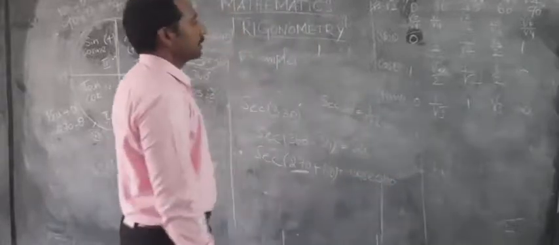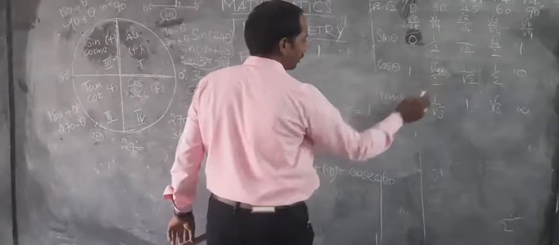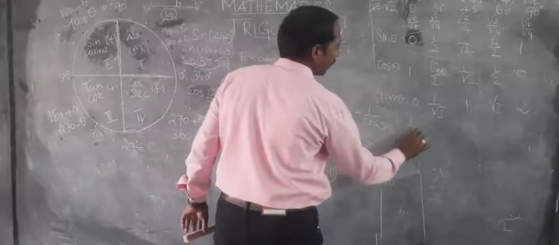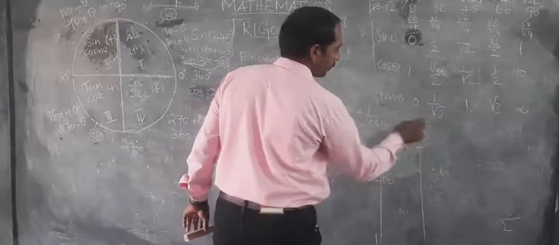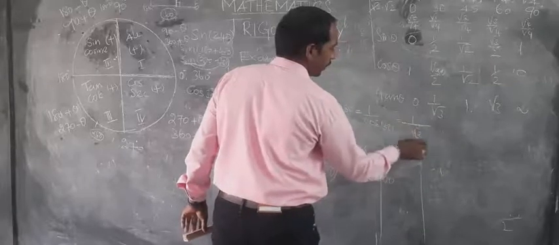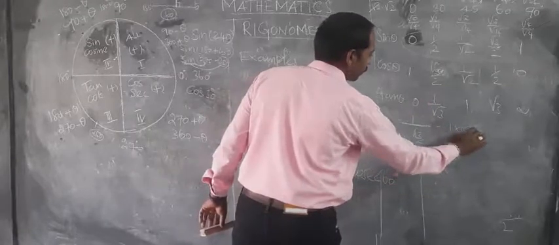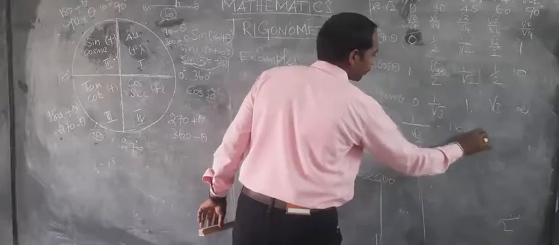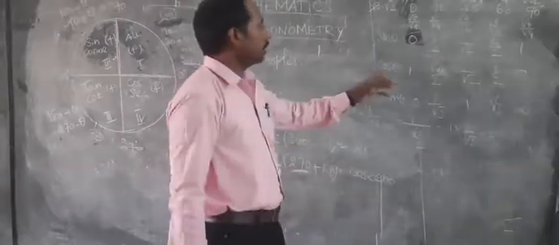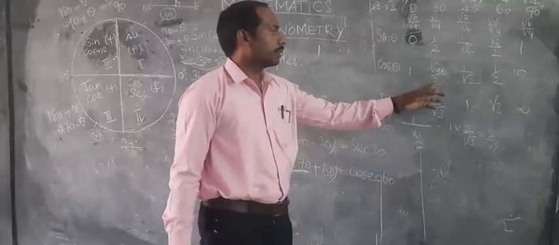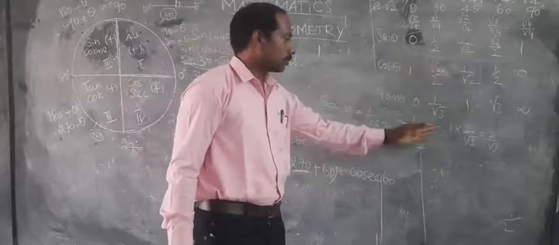What is the cos 30 value? Root 3 divided by 2. So you write 1 over root 3 divided by 2. Because in the denominator any fraction automatically becomes its reciprocal: 1 into 2 divided by root 3, so 2 by root 3.